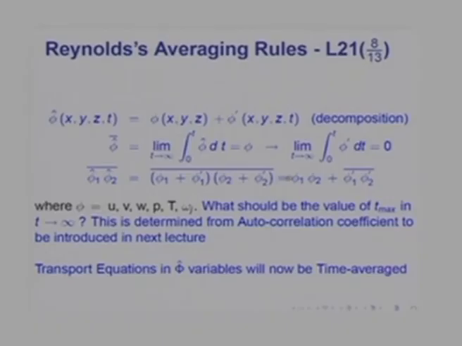The next question is, what is this T equal to infinity? How long do I have to average so that the integration of phi dash will result in a 0? That T max we would discover a little later, in the next lecture, from what is called an autocorrelation coefficient. So, we will defer what this infinity should mean to the next lecture.